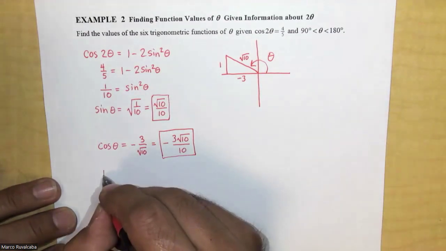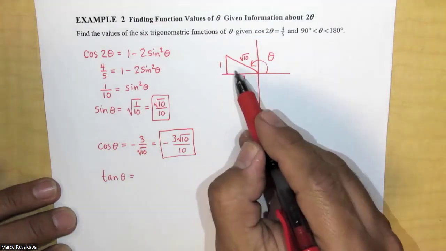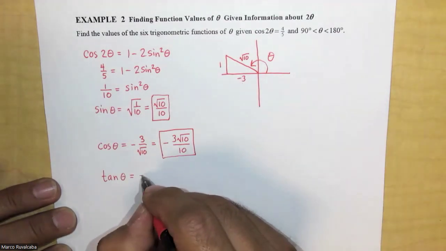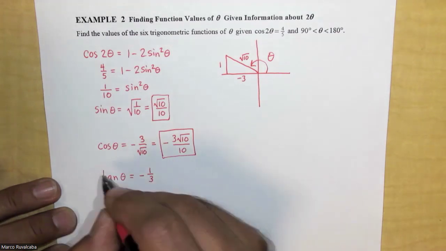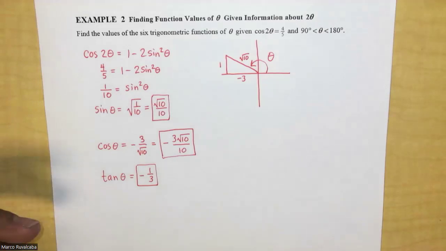And then similarly, the tangent of theta is opposite over adjacent. That would be -1/3.